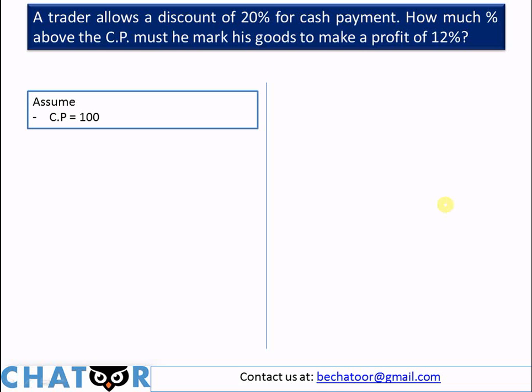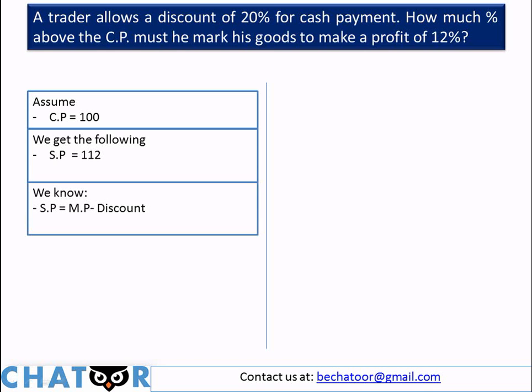So let's assume CP as 100, and because he wants to make a profit of 12%, the SP would have to be 112. We have done this time and again in this lesson. Profit is equal to SP minus CP. So 112 minus 100 would give you 12% profit.